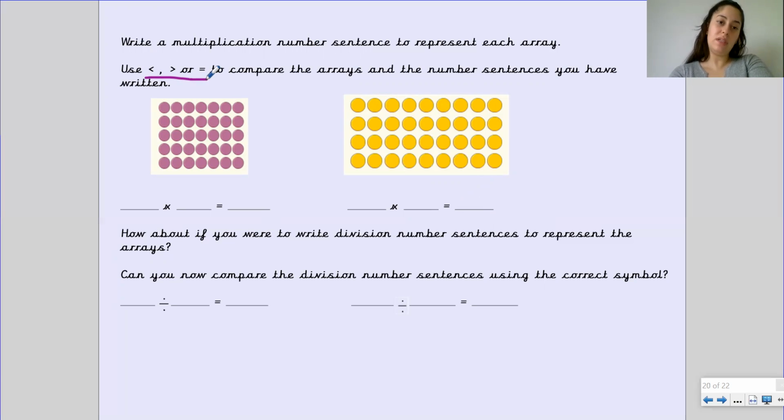Okay, so again, let's look at the number of rows that we have got. We've got 1, 2, 3, 4, 5. And how many do I have in that row? 1, 2, 3, 4, 5, 6, 7.